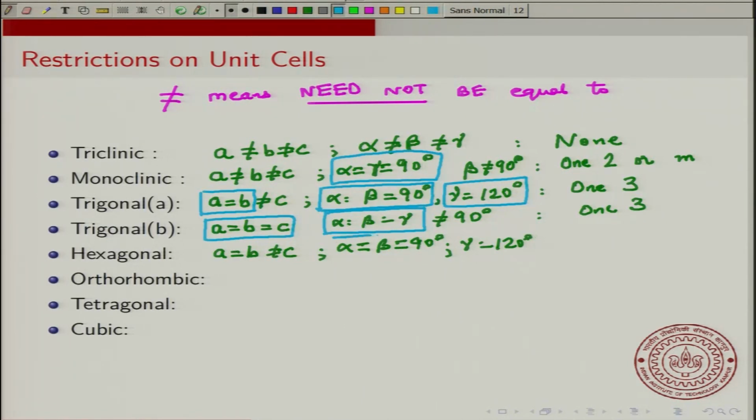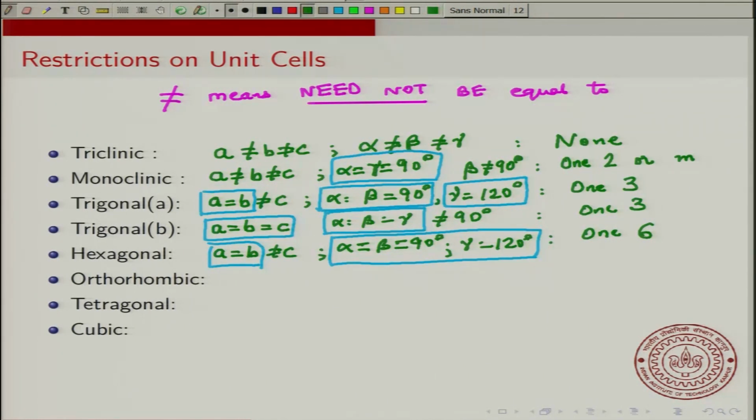So all these are restrictions. But the essential symmetry for a hexagonal system is one 6-fold axis. So it should have a 6-fold axis.